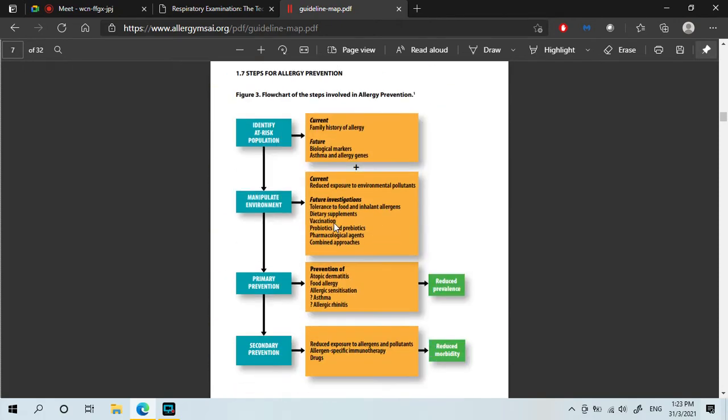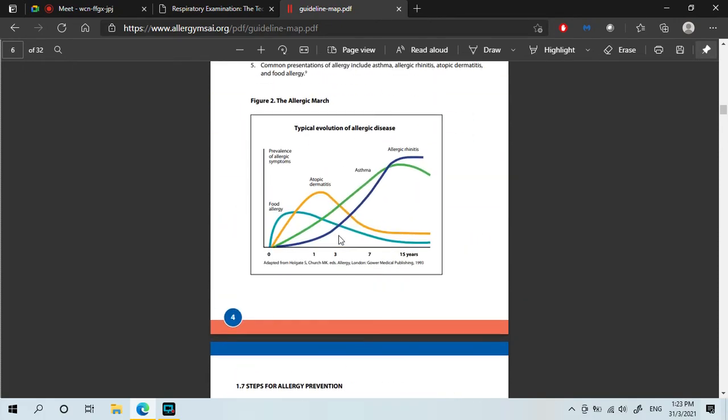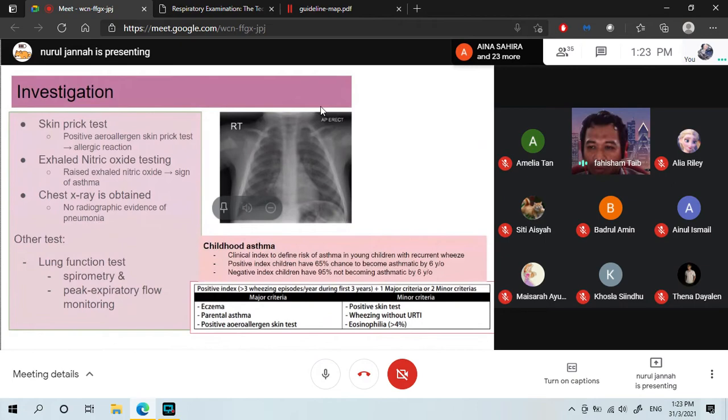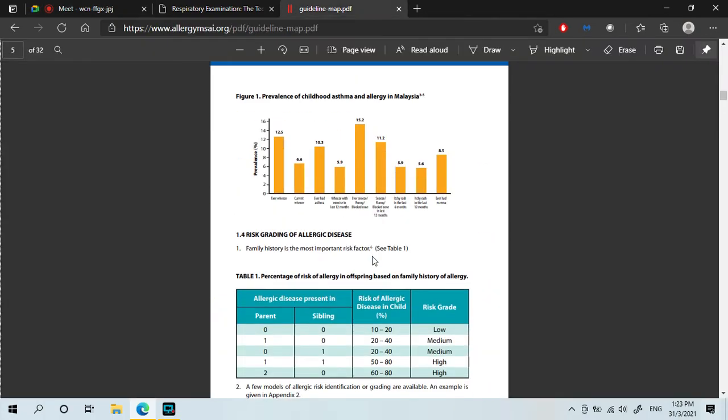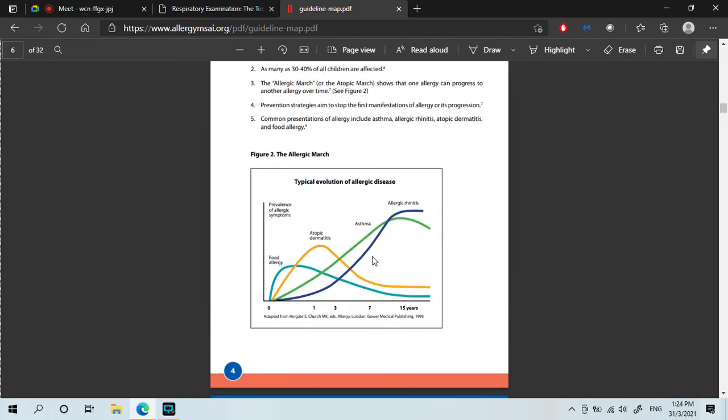The value is that food allergy, you're going to diagnose in less than 1 year old. Eczema, the prevalence, you're going to diagnose mostly around 1 year old. Asthma, you're going to diagnose in everybody more than 5 years old, more around 5-6 years old rather than 3-4 years old.